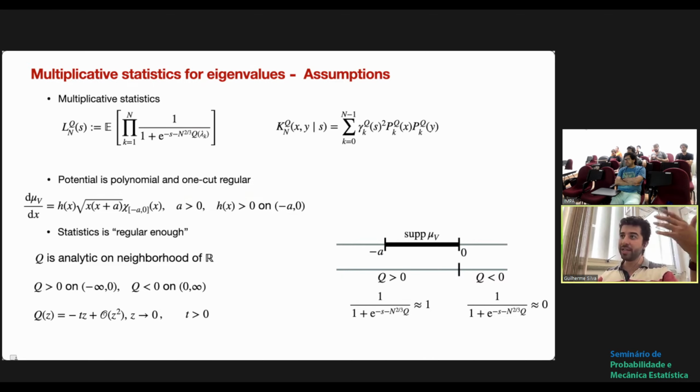So we don't see anymore the original central limit theorem for the Tracy-Widom distribution, but we see something non-trivial, something different, right?